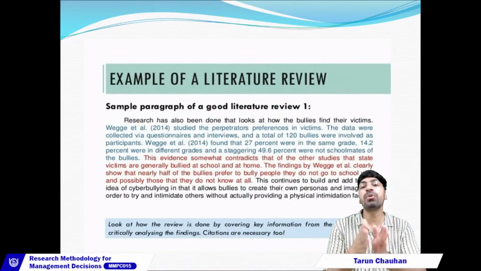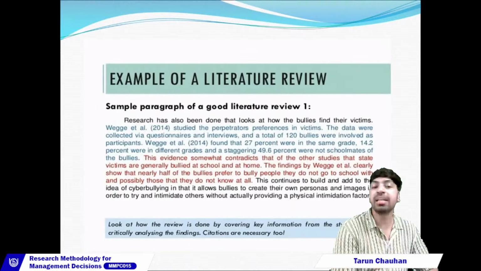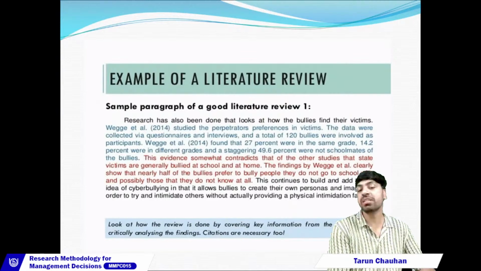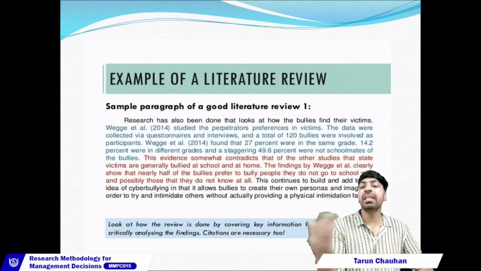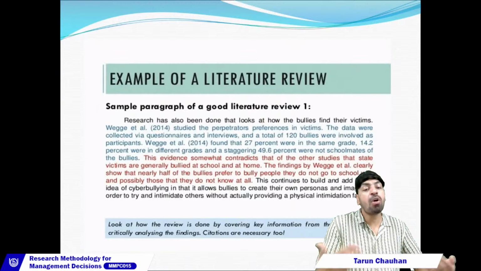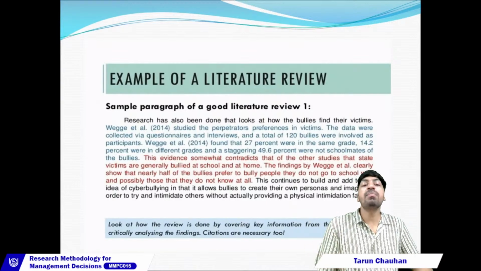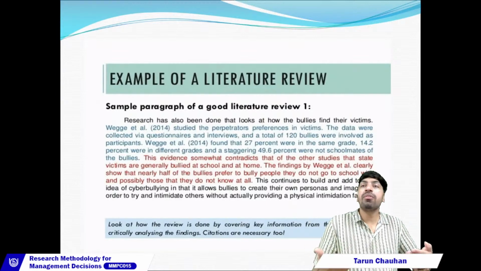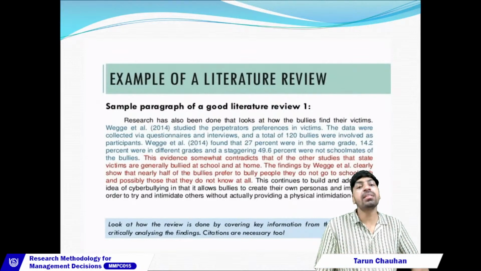2014 is also portraying preferences in victims, and the data is also being collected and researched on either questionnaires or interviews, and accordingly 120 bullies were involved as participants. In fact, the data also shows that most of the participants are already bullies, which stands accounting as 120 bullies.